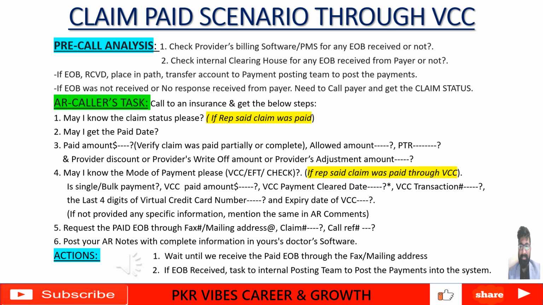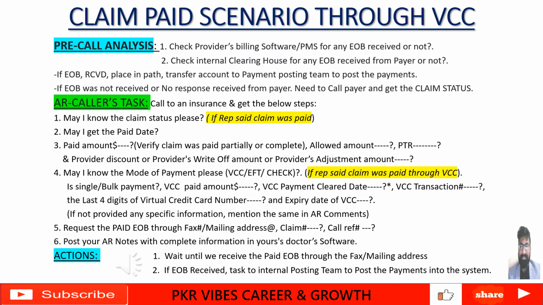Second point, if you received the paid EOB from the insurance representative through fax, then upload that EOB in your SharePoint, or in your local path, or otherwise transfer this account along with the EOB to the payment posting team, so that your payment posting team will post the payments into the system accordingly.